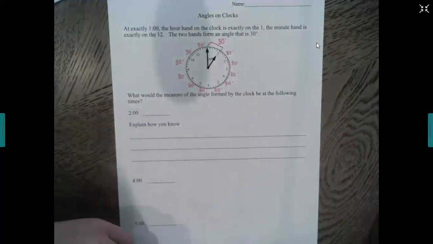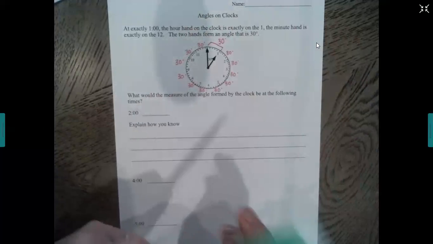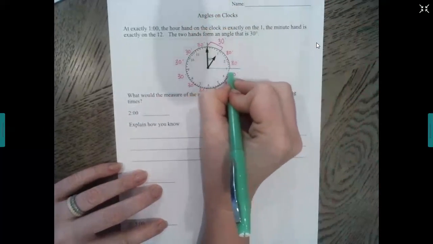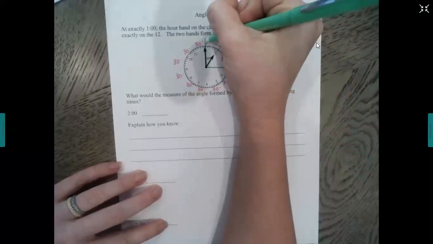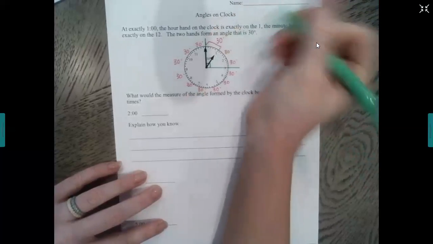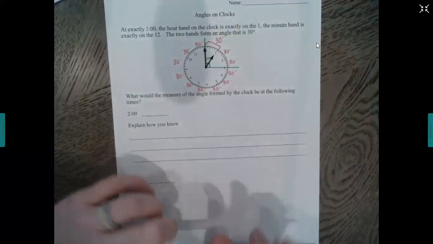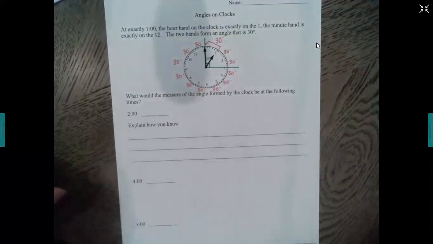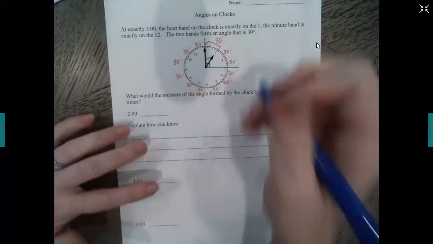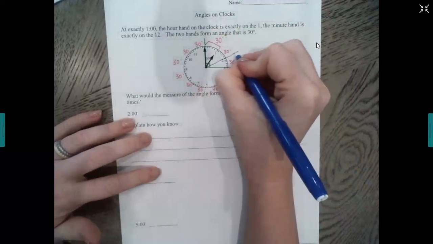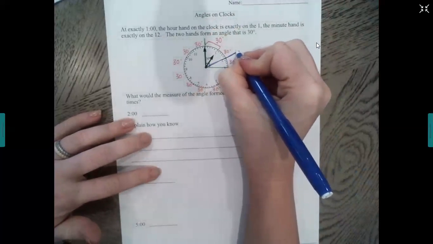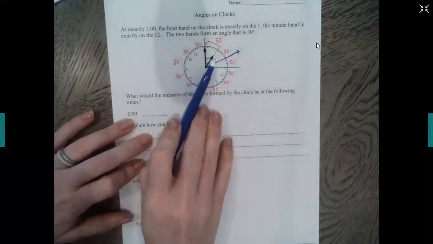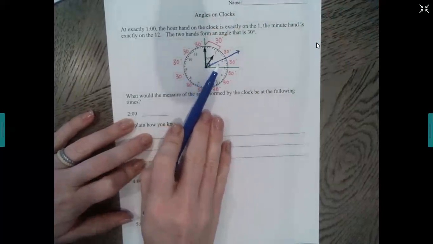And I also know that a 90-degree angle would look like this at the 3 o'clock mark. This is asking what it would look like if my angle is at 2 o'clock, which means that this hand is going to move here.